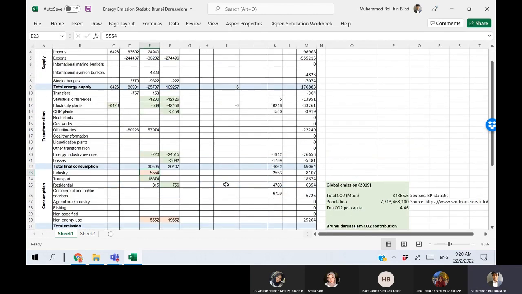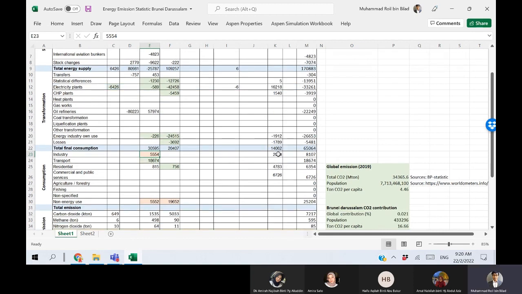Another thing is, for example, here, electricity used for industry. When you use electricity in industry, you just use electricity. You don't emit anything.